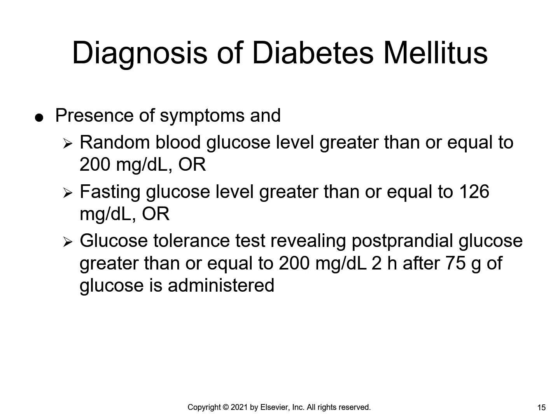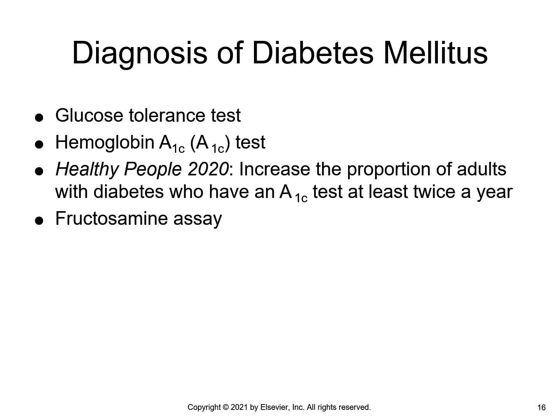When diagnosing, a hemoglobin A1C level greater than 6.5% is also an indicator of diabetes mellitus. For a glucose tolerance test, the patient is given a specific amount of glucose to evaluate the insulin secretion and the ability to metabolize glucose.